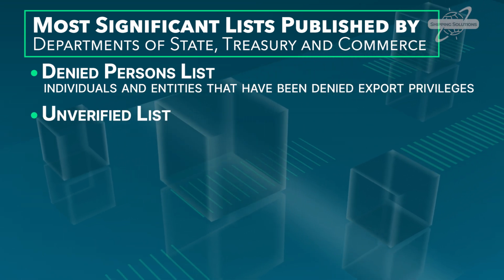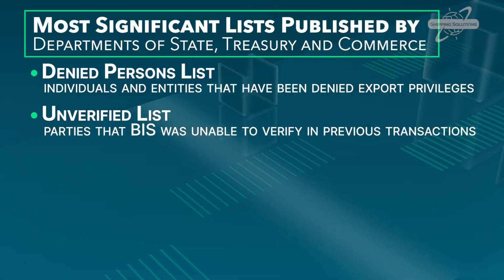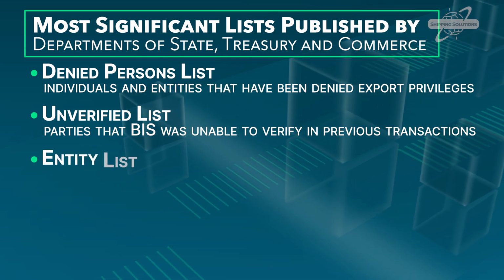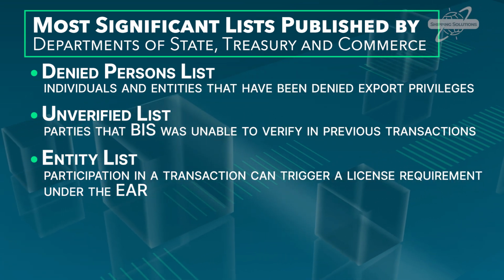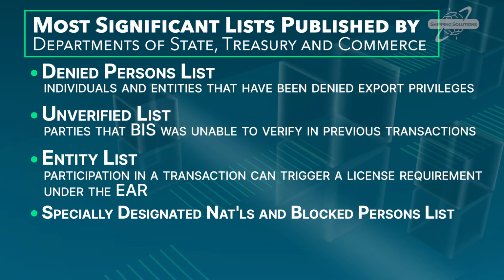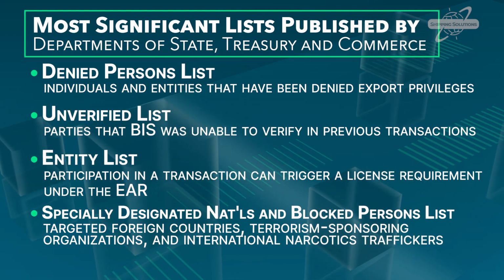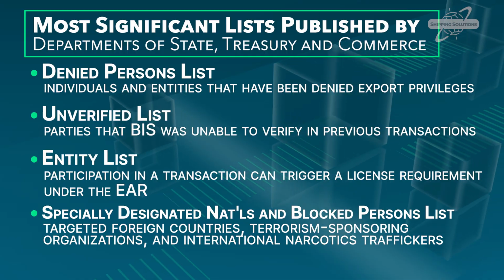The Unverified List, which is a list of parties that the BIS was unable to verify in previous transactions and are considered to be a red flag. Entity List, whose participation in a transaction can trigger a license requirement under the EAR. Specially Designated Nationals and Blocked Persons List, which includes targeted foreign countries, terrorism sponsoring organizations, and international narcotics traffickers.